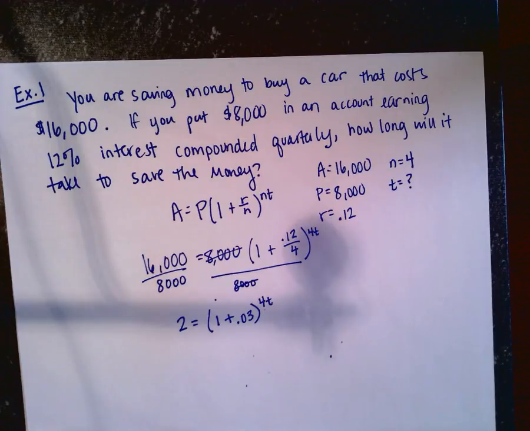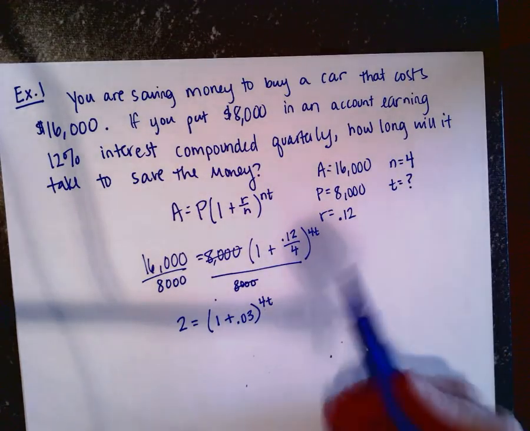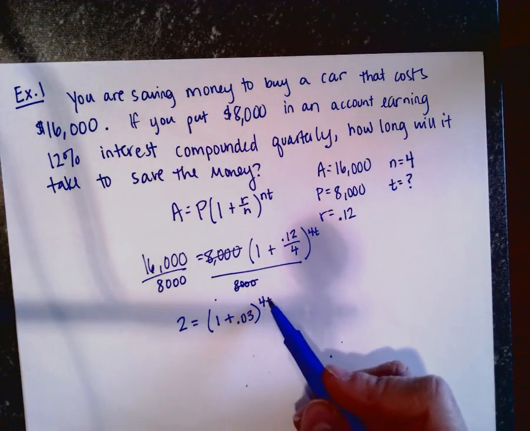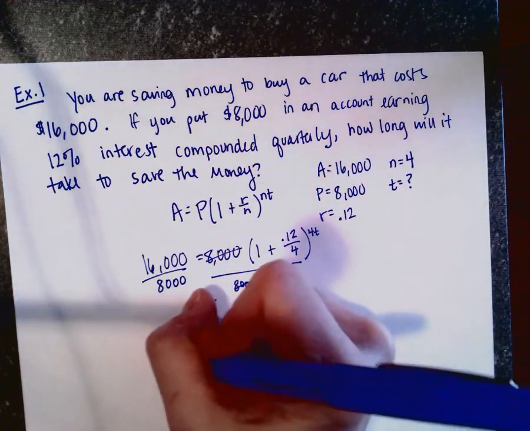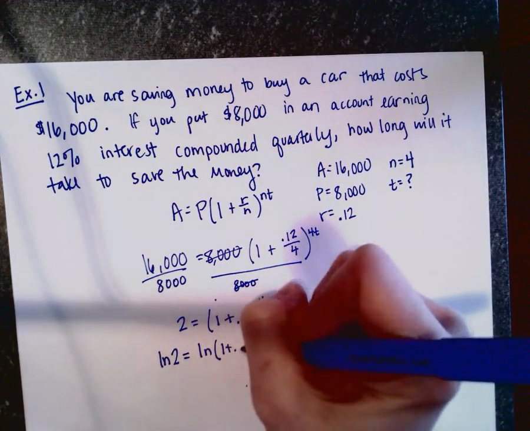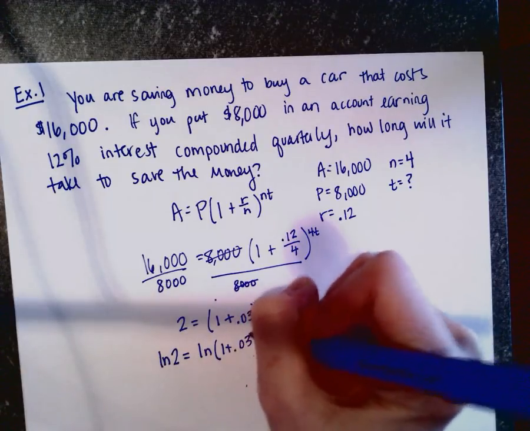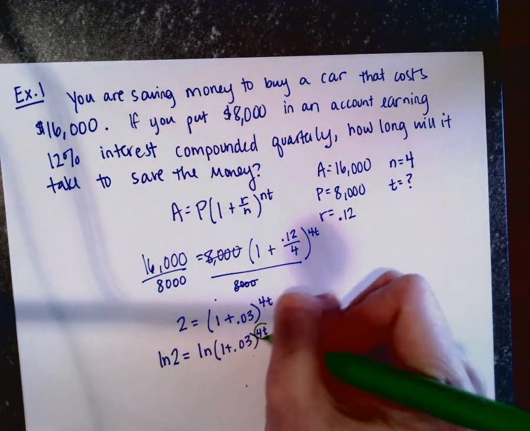Okay, so anytime you are solving for a variable that's in the exponent, the only way to get this variable out of an exponent is with logs, with rules of logs. Whenever we're solving an equation, we can do anything we want to it as long as we do it to both sides. So I'm going to natural log both sides. And what that allows me to do is use the rules of logs to move this 4t to the front.